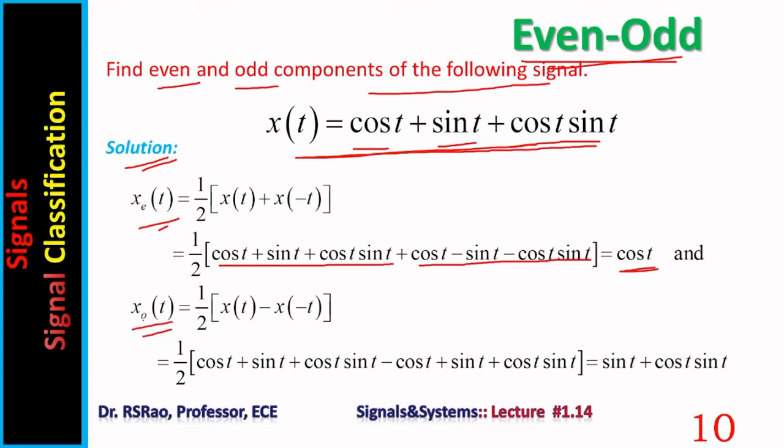The odd part xo of t is half x of t minus x of minus t. It results ultimately in two components: sin t plus cos t sin t. So that is the even part and the odd part.